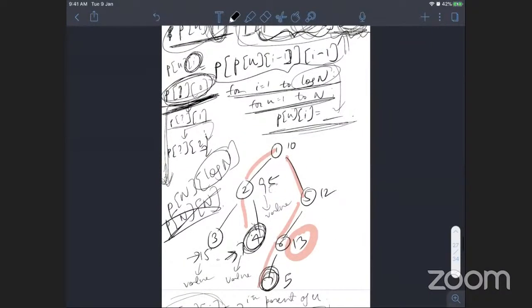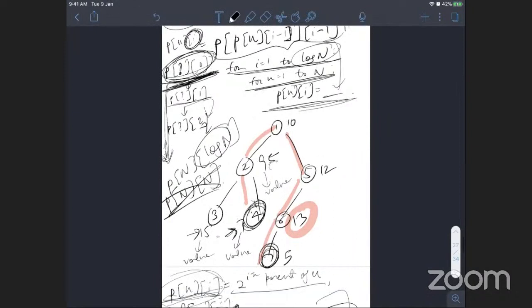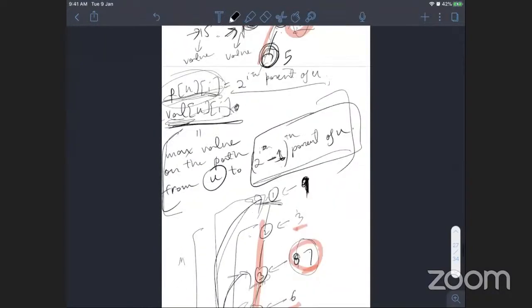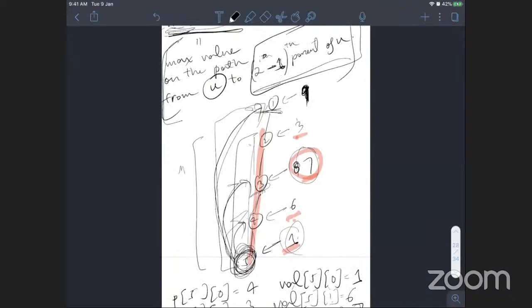You don't have any node 13, but still the answer is 13, because 4 has the value 7, 2 has the value 9, 1 has the value 10, 5 has the value 12, 6 has the value 13, 7 has the value 5. On this path, the max value that you see is 13. And the val array is defined on these values: what's the max value in this portion, or whatever portion.